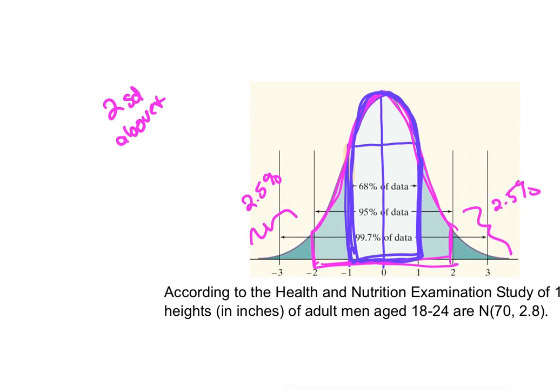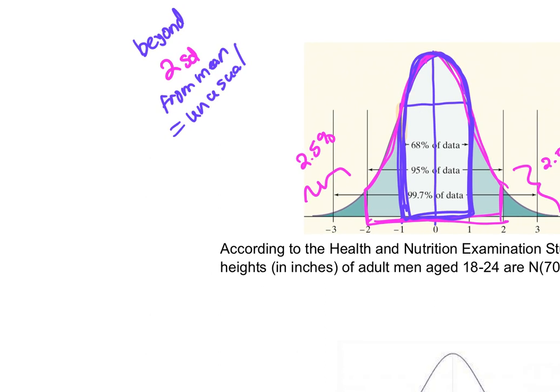Okay, so if you are beyond 2 standard deviations in both directions from the mean, those values are what's considered unusual, okay? Within 2 standard deviations of the mean, that is considered usual. So from 2 standard deviations below the mean up to 2 standard deviations above the mean, that is considered usual or typical.